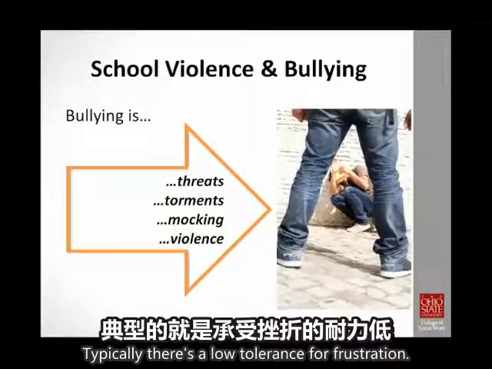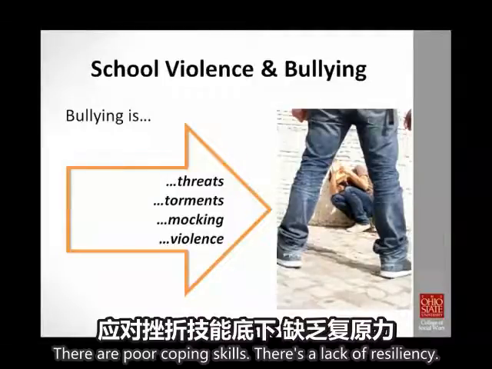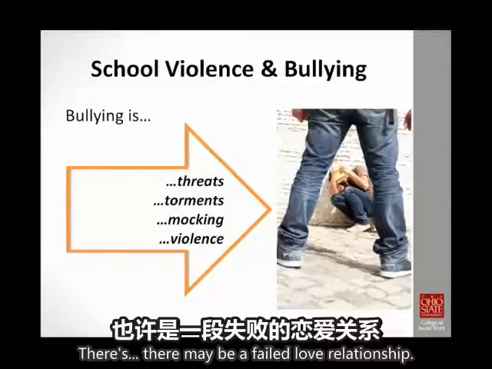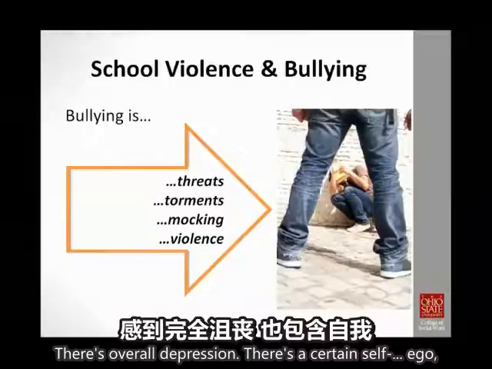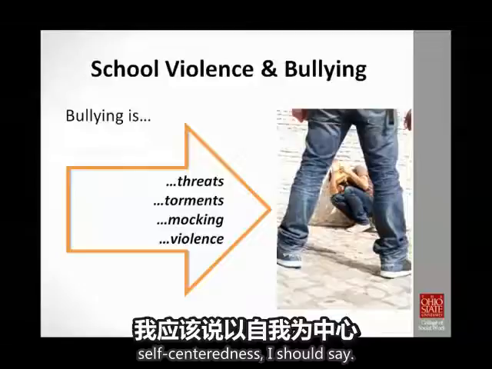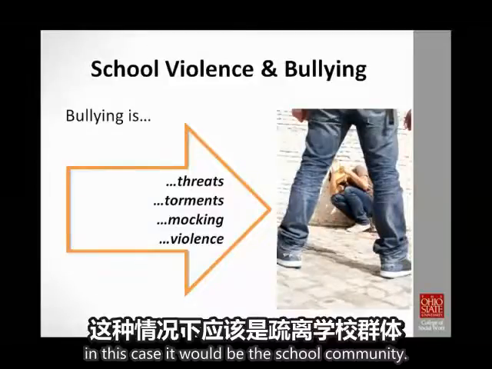Typically there's a low tolerance for frustration, there are poor coping skills, there's a lack of resiliency, there may be a failed love relationship, there's resentment over perceived injustices, there's overall depression, there's a certain self-centeredness, I should say, and there's a sense of alienation from, in this case, the school community.